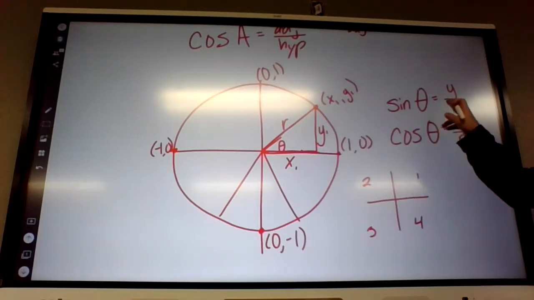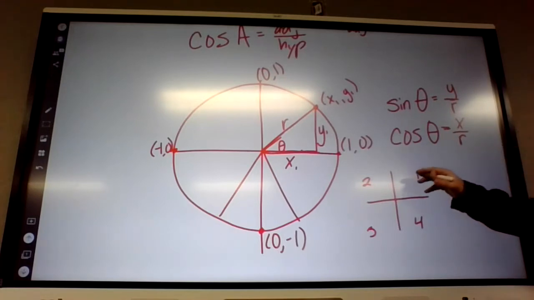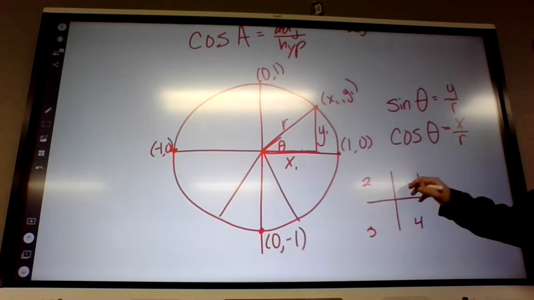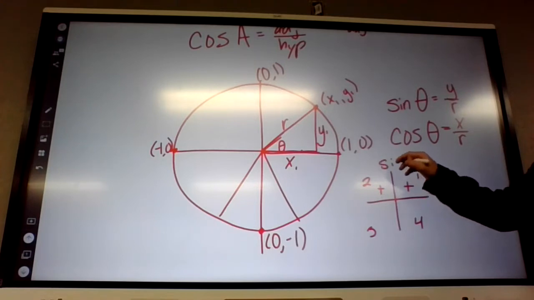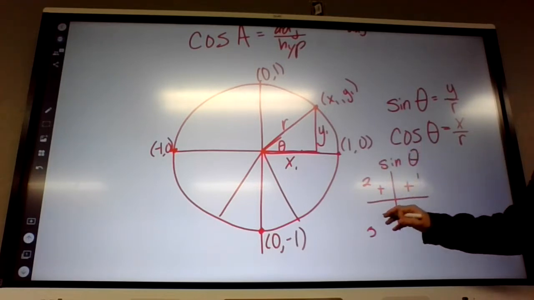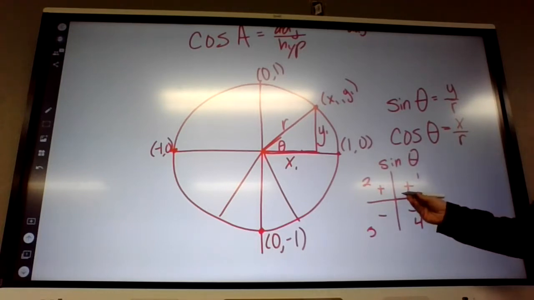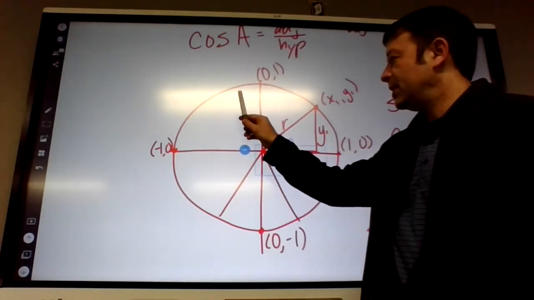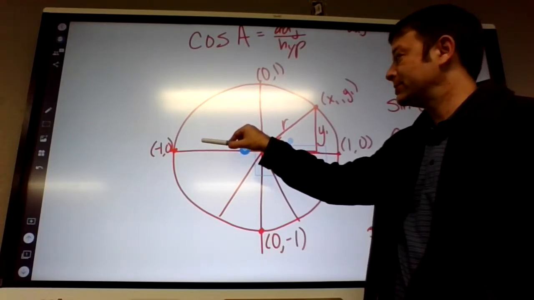So for this little equation right here, since it's based off of y, sine is going to be positive here and here, and likewise in the third and fourth quadrant, it'll be negative. What I mean is, when theta is between 0 and 180 degrees, sine is going to give us a positive answer.